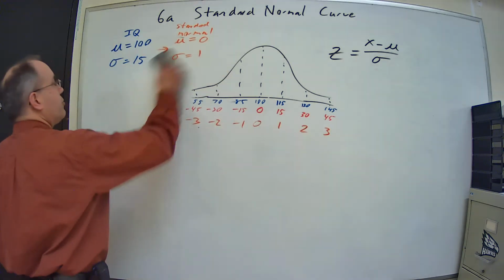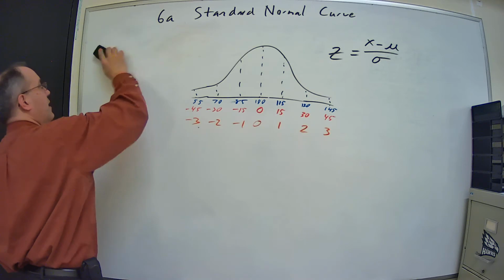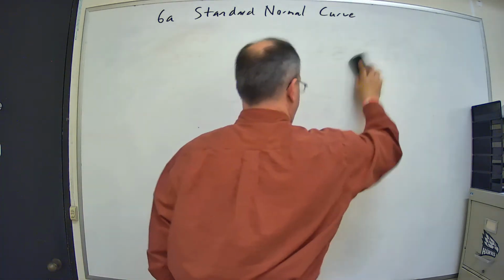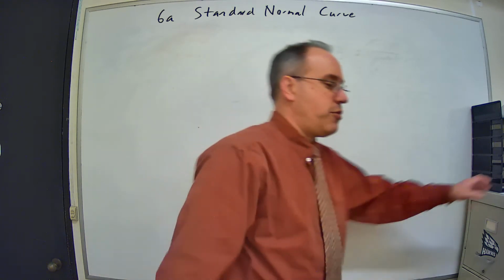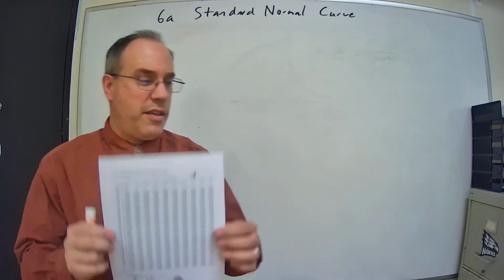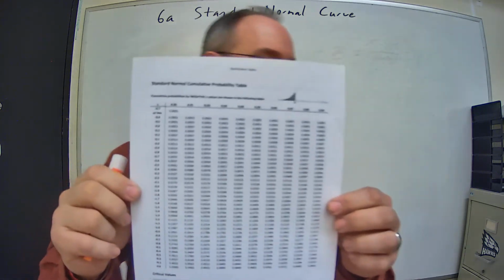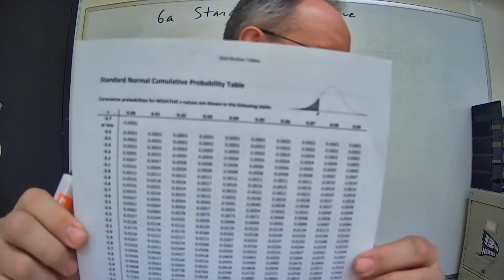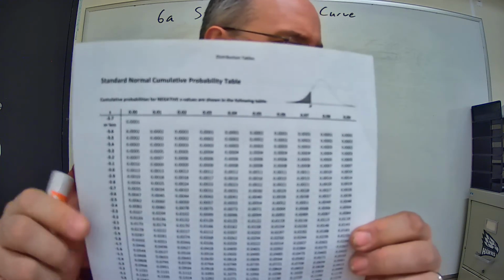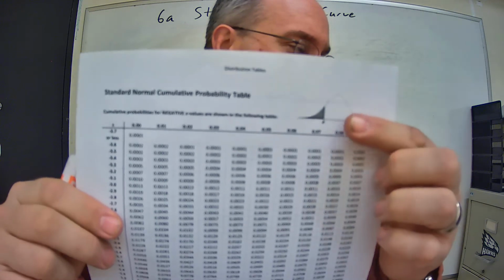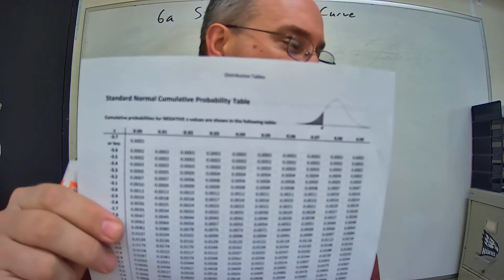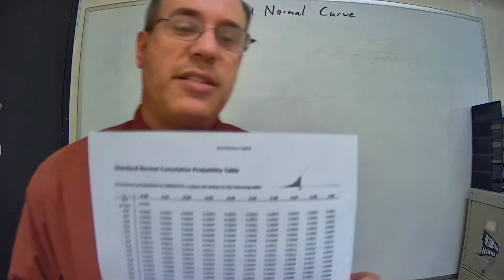So let's get into this table, what it looks like and how it works. First of all, I have a copy of the table here. So the table is two-sided. If I come in a little bit, maybe you can see standard normal cumulative probability table. And notice that there's a little picture of a normal distribution here, and that picture has the left-hand side colored in.